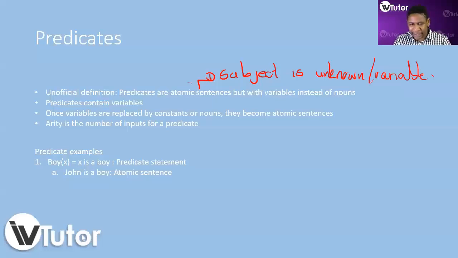So a predicate contains variables, and once variables are replaced with constants or nouns or subjects, then they become atomic sentences. When we look at the arity of a predicate, it is the number of inputs of a predicate.